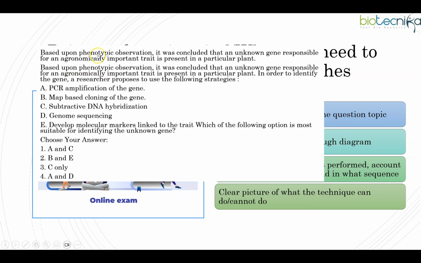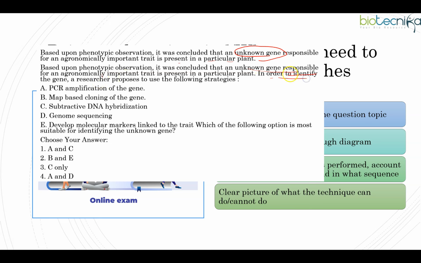Right? For example, this is from unit 13. Based upon phenotypic observation, it was concluded that an unknown gene which is responsible for an agronomically important trait is present in a particular plant. Now, this is an unknown gene. You have to keep it in mind.